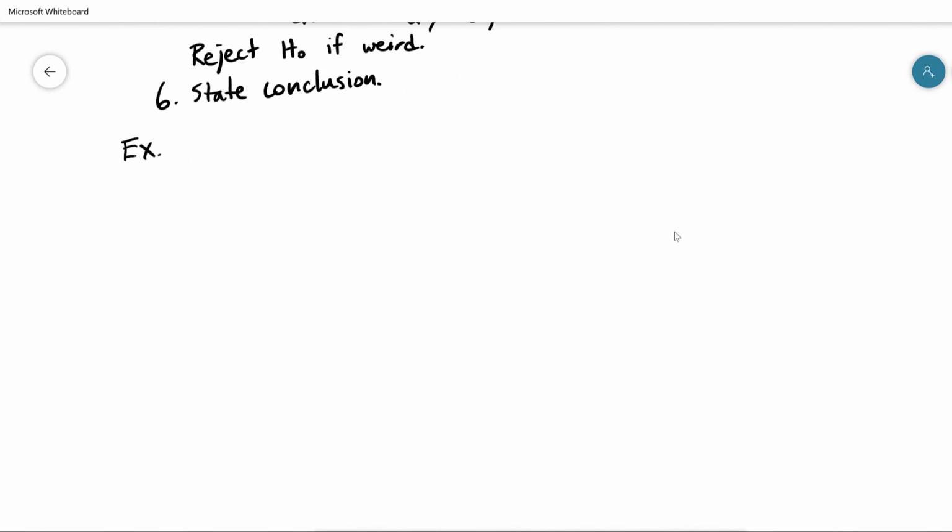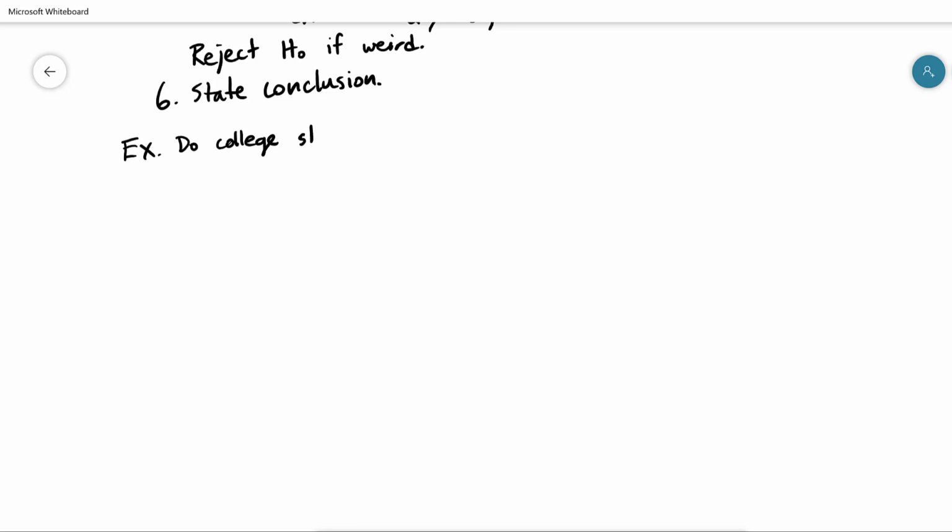Okay, so here's our example. We want to answer the question, are college students more likely to use, in fact, you know what, I'm going to switch this up. We have not done a two-tailed hypothesis yet, so let me do one where we can do a two-tailed hypothesis here. Let me rephrase this.